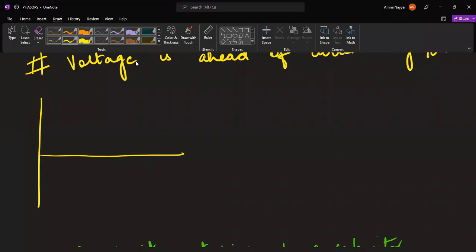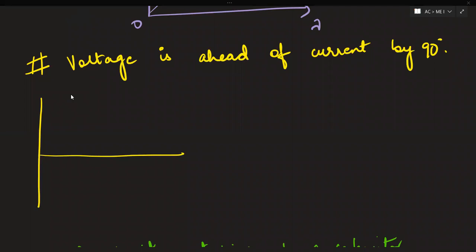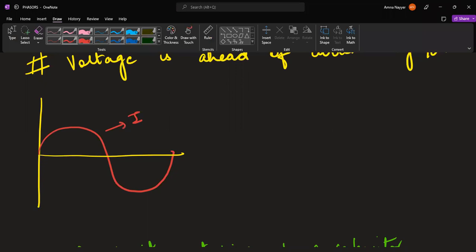Let's draw EMF first. If this is current, then EMF or voltage is ahead of current by 90 degrees.